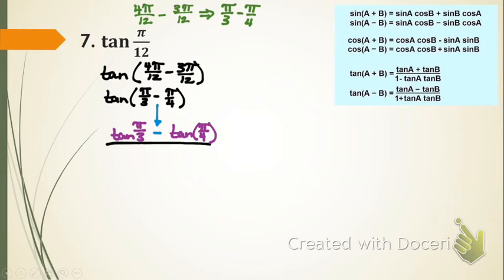I'm going to keep the sign here. The denominator always starts with a 1. Tell me about the operator there. It's going to be the opposite. And then it's tangent of my first angle times tangent of my second angle.